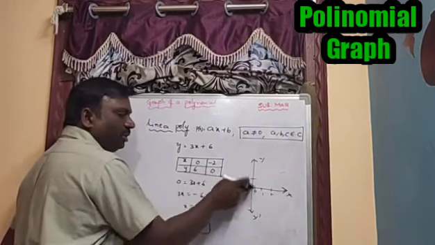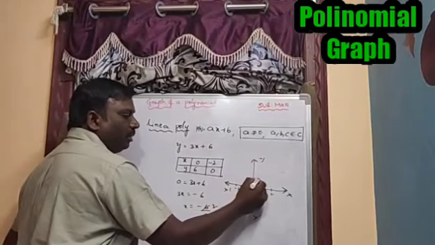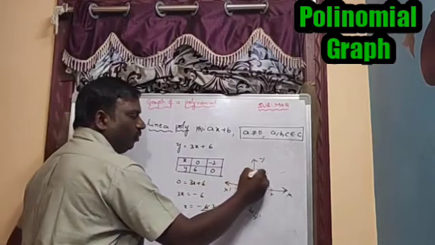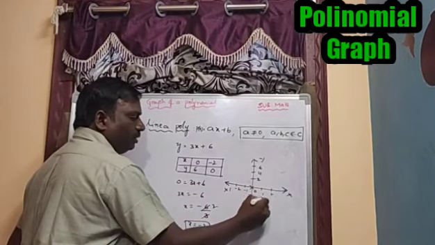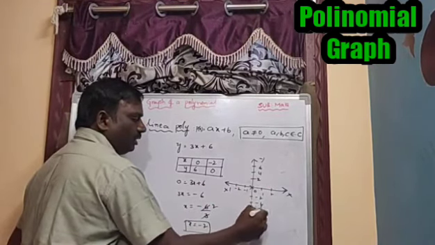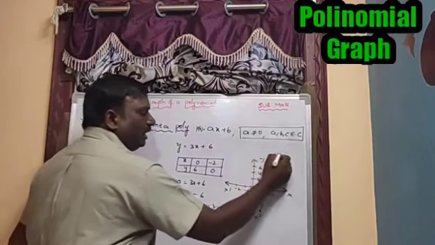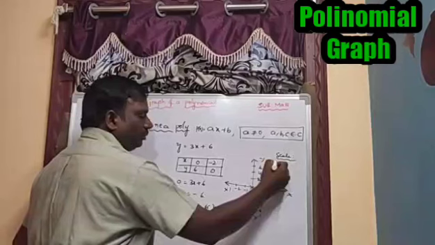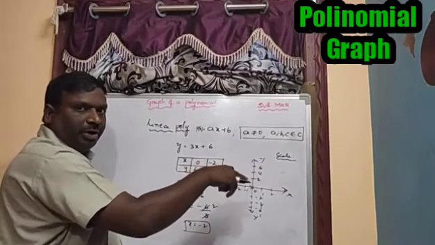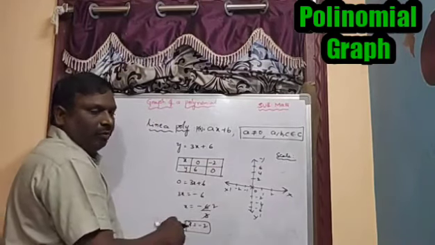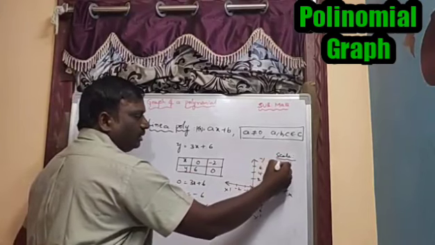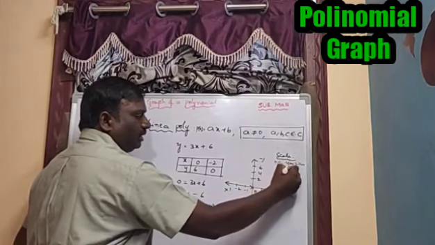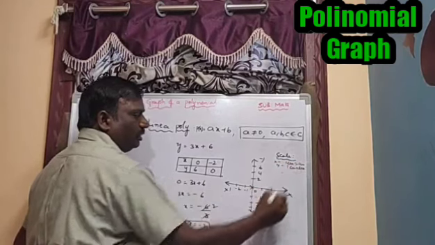So each centimeter we take as 2 units: 2, 4, 6, minus 2, minus 4, minus 6. And the scale you have to write here. After that I will explain the precautions we have to take when drawing the graph. Scale on x-axis 1 centimeter equal to 1 unit, and y-axis 1 centimeter equal to 2 units.